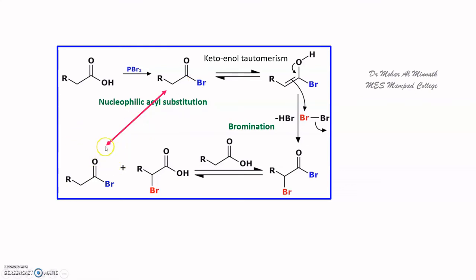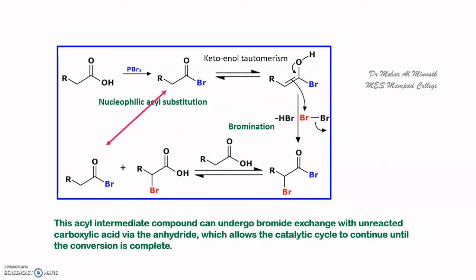This Br is removed, and now you get the acyl bromide compound. This is similar to this compound, and then the cycle continues. So that is the story of alpha bromination of carboxylic acid, which otherwise is not possible under basic condition.